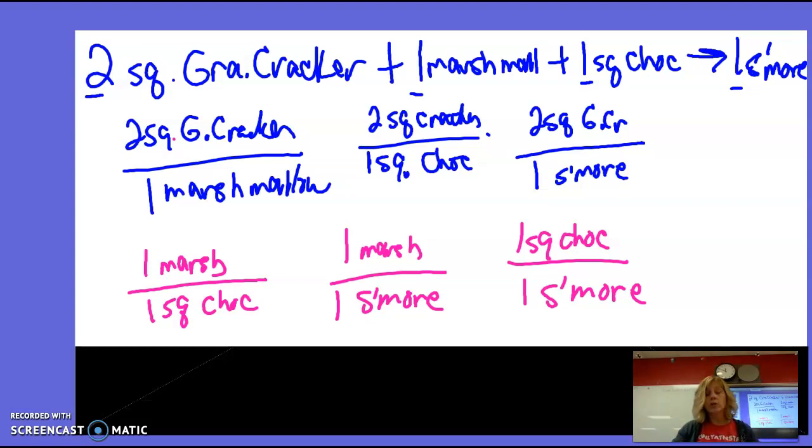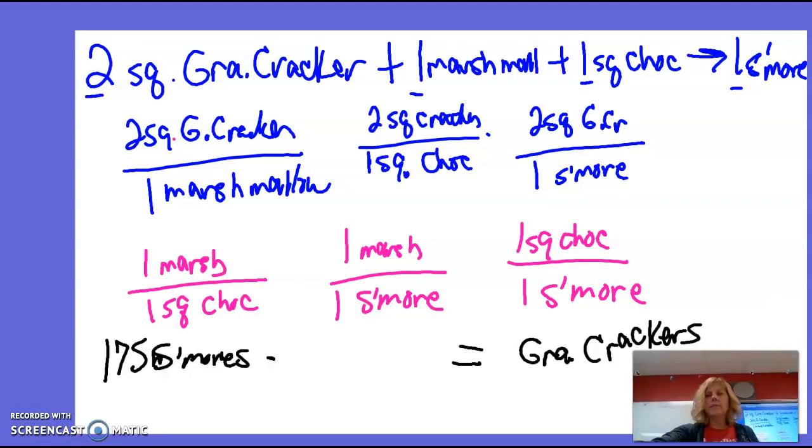Someone else is bringing the marshmallows, someone else is bringing the chocolate, but I am responsible for bringing the graham crackers for 175 s'mores. So here's what that equation would look like. I need 175 s'mores, and I need to know how many graham crackers that's going to take.